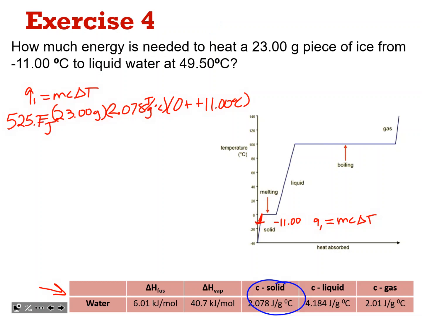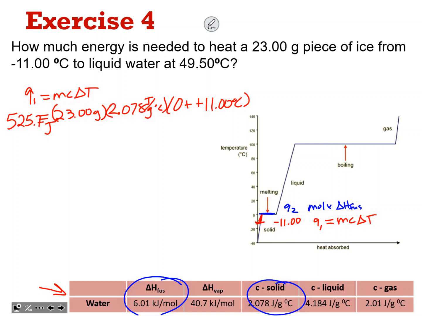So that's the first step here that we have to do, is we have to warm it to the melting point. Then we have to melt it. So now we have to do the second step, melting. That's Q2. And that's going to involve which one? We need heat of fusion to melt. This one. And we need the moles. So moles times heat of fusion.